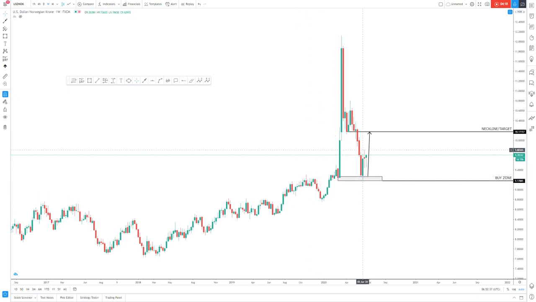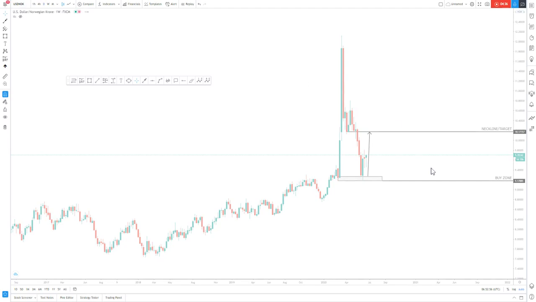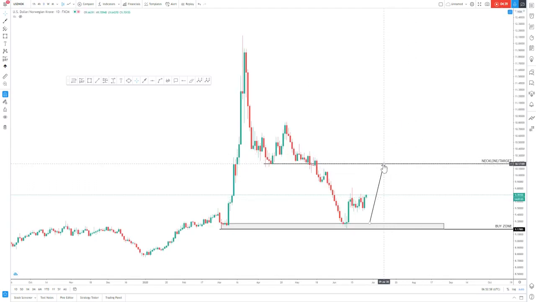If it had broken this last area of structure and moved down below it, I would know there is a huge tendency that price would still go short. But looking at this major trend and how price is moving within it, I believe there is a very huge tendency that when price comes to this neckline, it would break, to be precise.